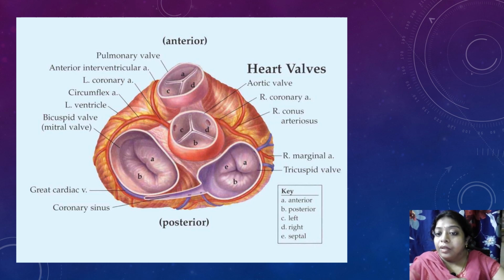And the aortic valve lies at the opening of the aorta. When you see the picture itself, it lies at the opening of the aorta, which is the largest blood vessel in the body.